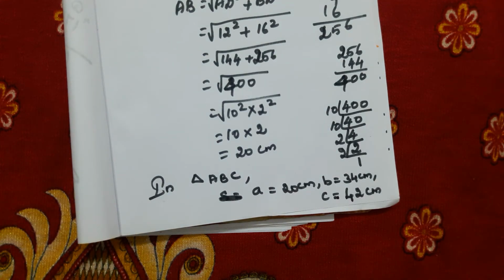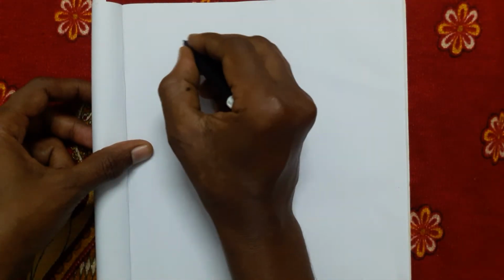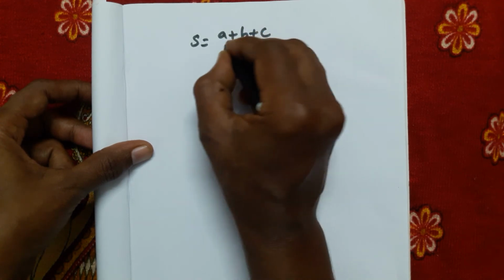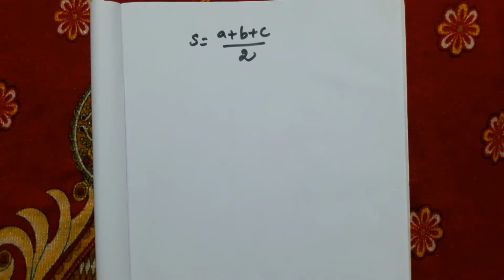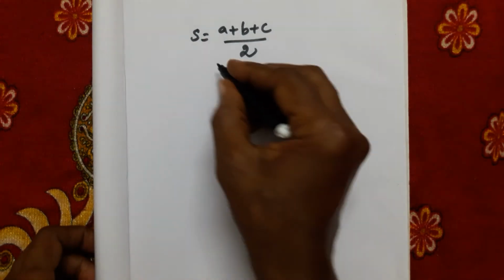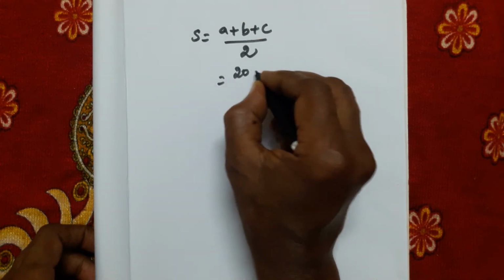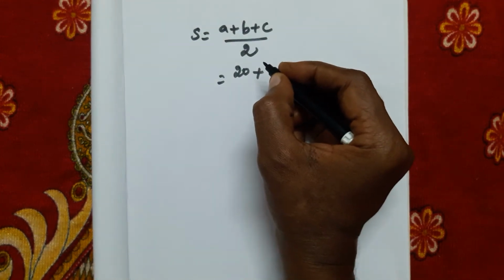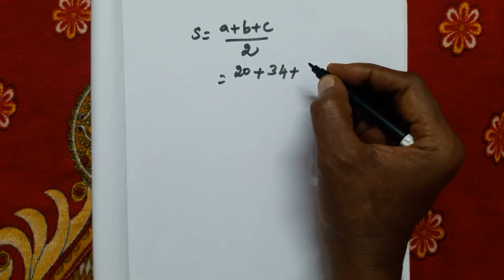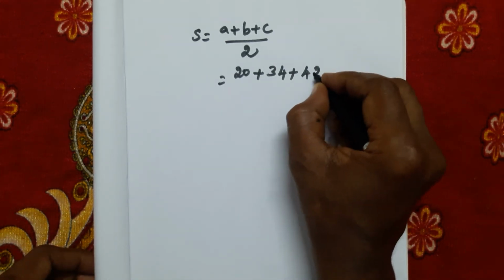Now we have to find s. s is equal to a plus b plus c by 2. What is a? a is 20. b is 34. c is 42, by 2.